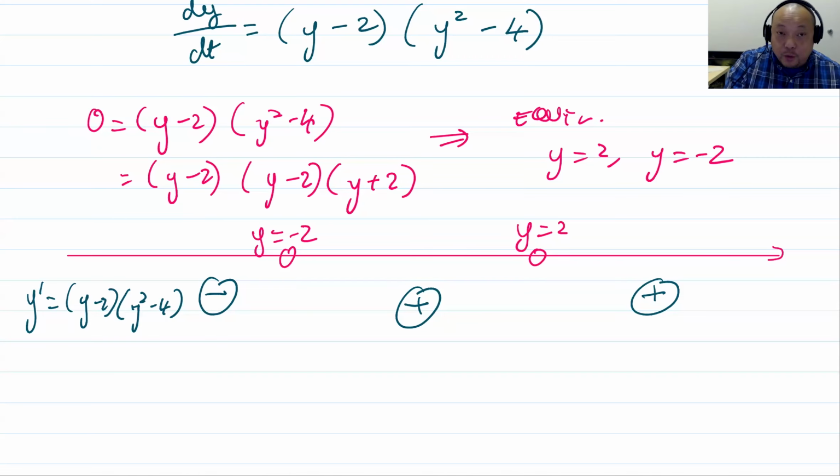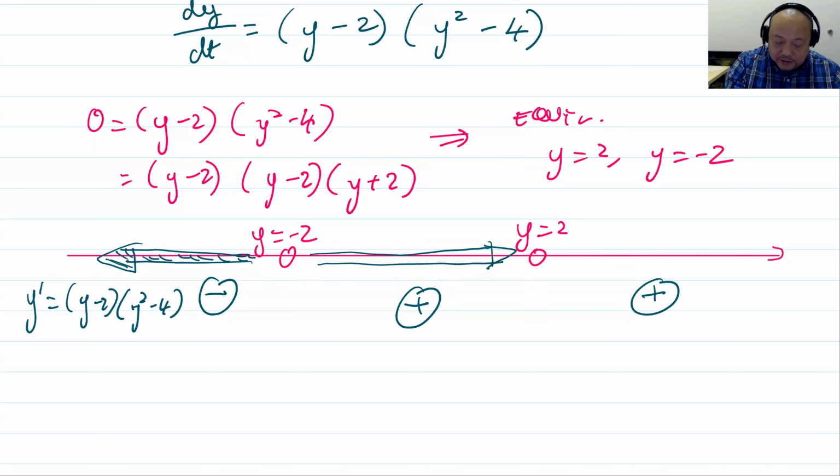In the interval before y equals -2, y prime is negative, and therefore the arrow is pointing to the left. In the interval between y equals -2 and y equals 2, y prime is positive, pointing to the right, toward the positive direction, the increasing direction.